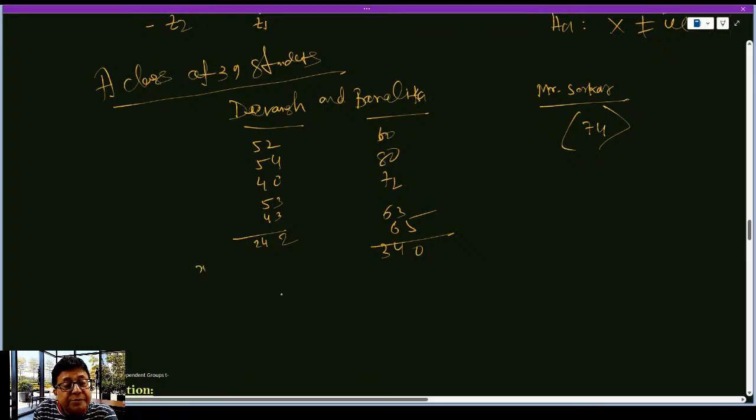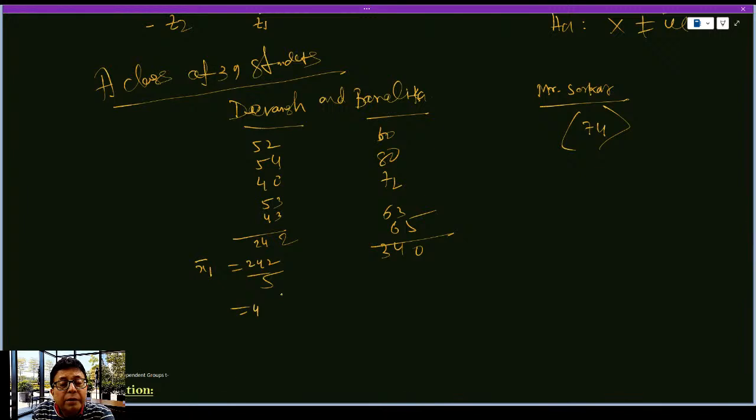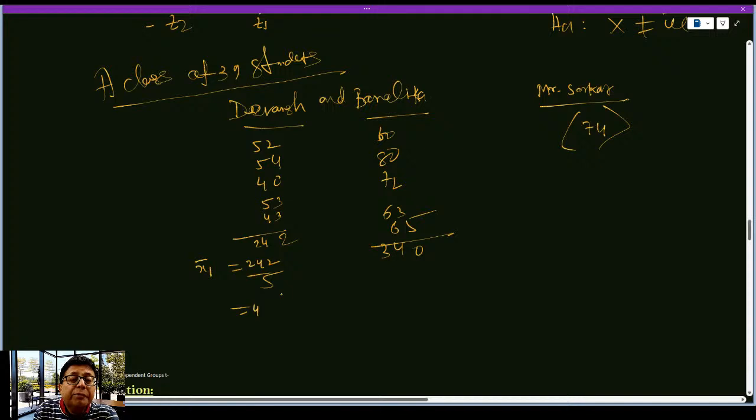That average we will take as x1 bar: 5 4s are 20, 42, just a minute, sorry, 49. And here x2 bar will be what? 340 by 5, 68.